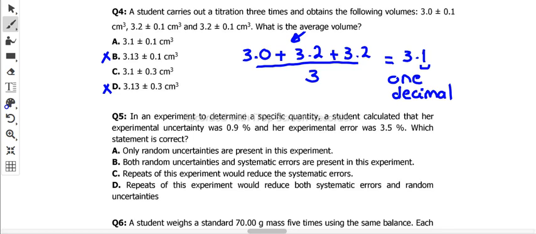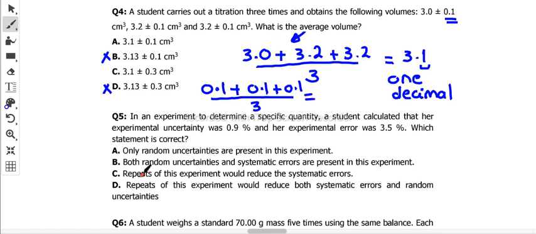Now I need to write down the absolute uncertainty for my average. How can I find the absolute uncertainty? It is so easy if you are talking about average. For the absolute uncertainty, you're going to take the 0.1, which is the absolute uncertainty of your first value, plus the 0.1 for the second, plus 0.1 for the third, and you're also going to take the average.